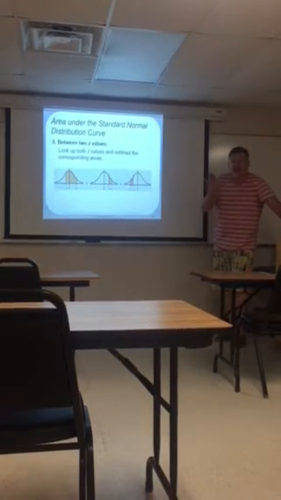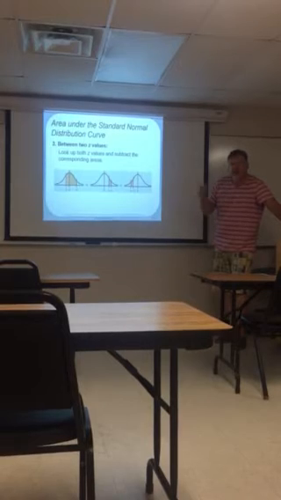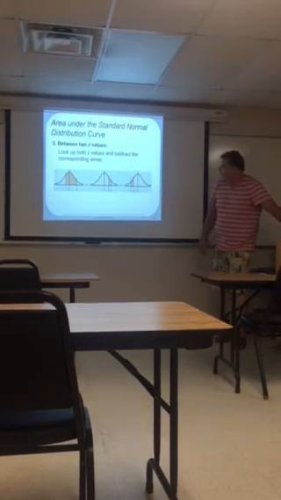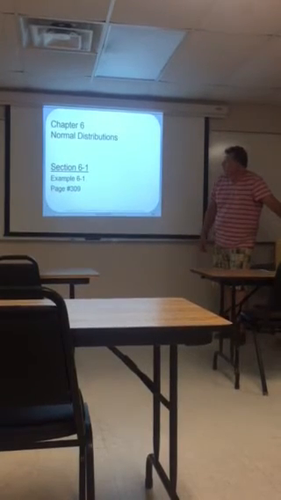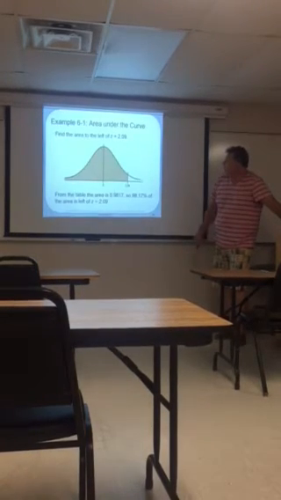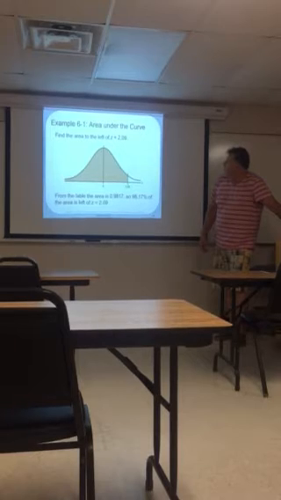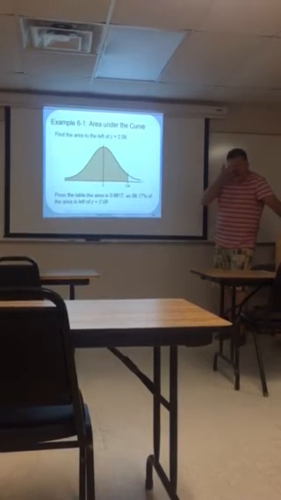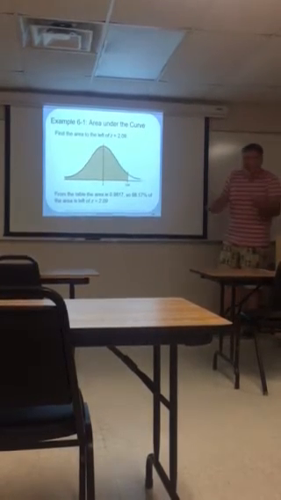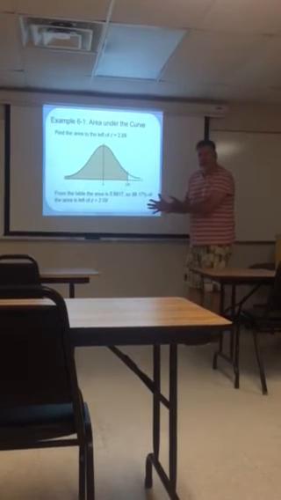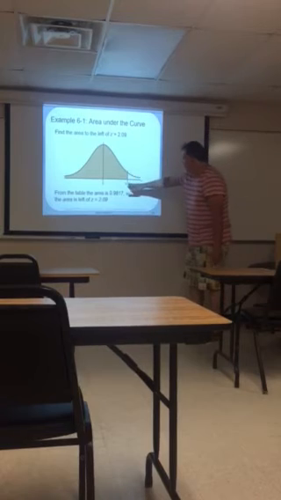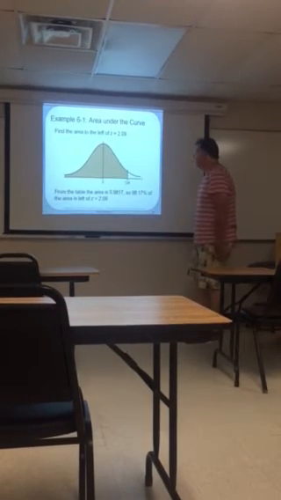However, I just want you to have a general idea of how this works for this particular class. There are some examples in section 6.1, page 309 of your textbook. And now what we're getting into is the theoretical concepts, and we're going to move into hypothesis testing. So understanding these areas is pretty important.